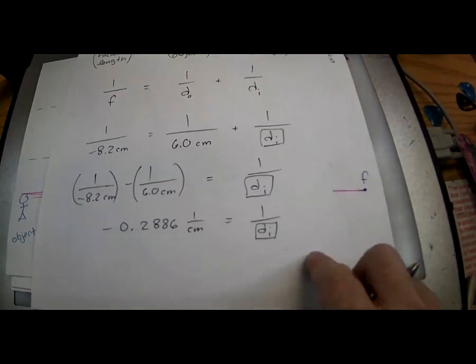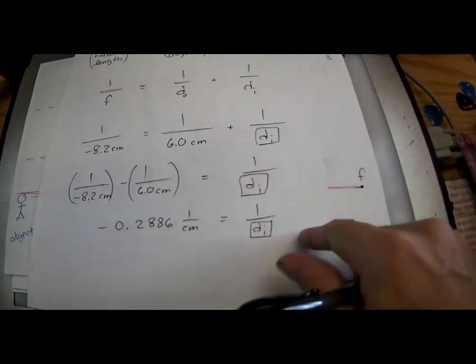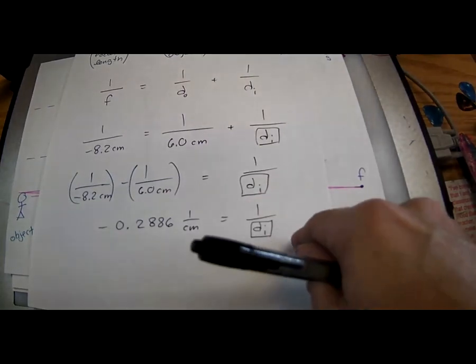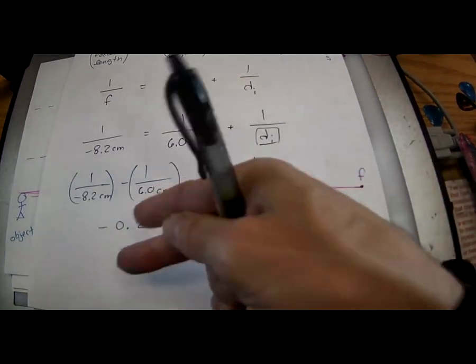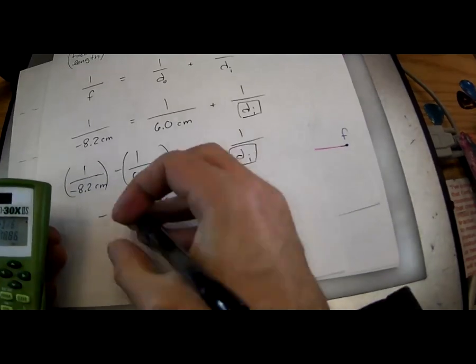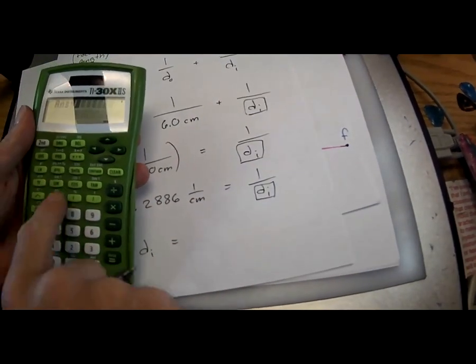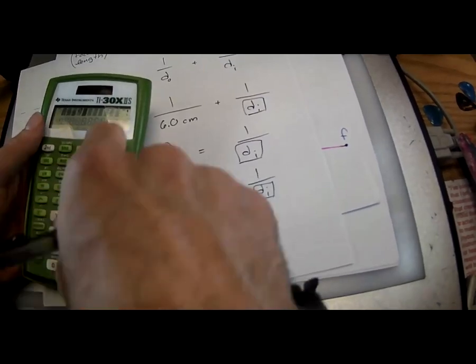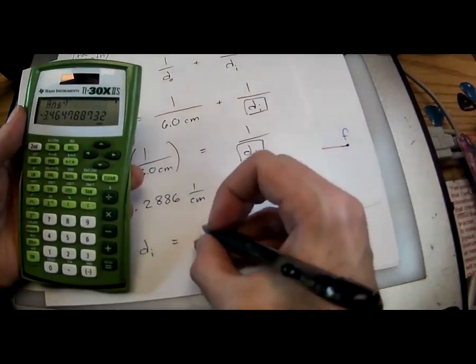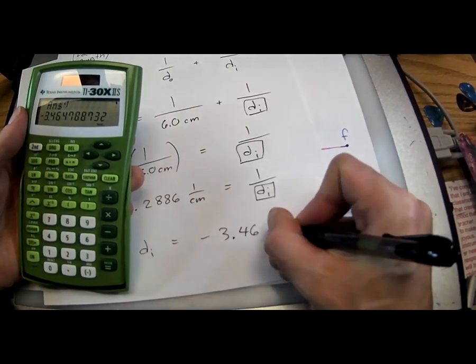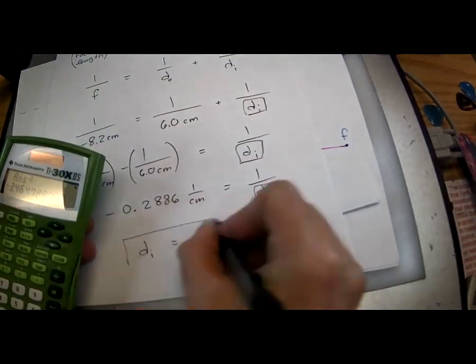In some of the later calculations, I'm not going to do all these middle algebra steps, but you guys see, right? I'm going to subtract this over. Okay. And then the last step is to take the reciprocal of both sides. So if we take the reciprocal, I have a reciprocal key right here, above the 7 key on this model calculator. So all right, the image distance is negative 3.46, and the unit would be centimeters.